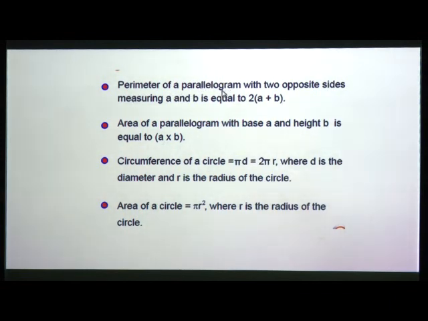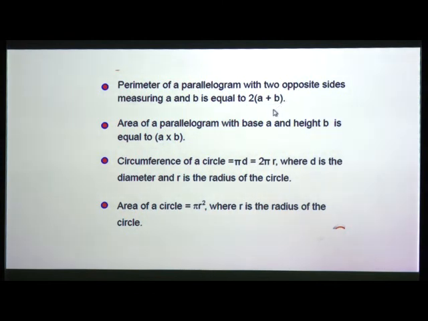You know a parallelogram, where the opposite sides are parallel. Suppose one of the sides is considered as A and the other side we are considering as B. Then what will be the perimeter of this? It will be 2 inside the bracket A plus B.